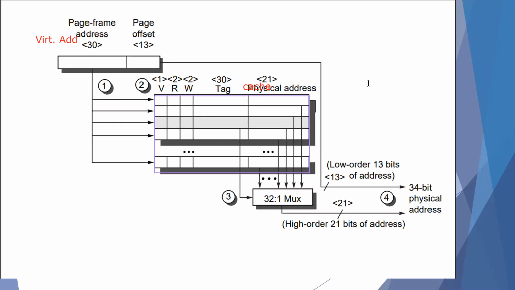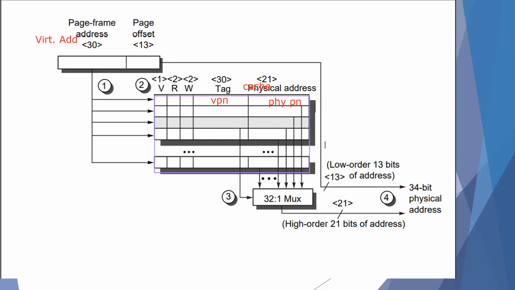Every cache has the same organization. It has a valid bit, a use bit, a read write bit, and extra protection information also. Fine. In the tag part the virtual page number is stored, and in the block part your physical page number is stored. Okay.